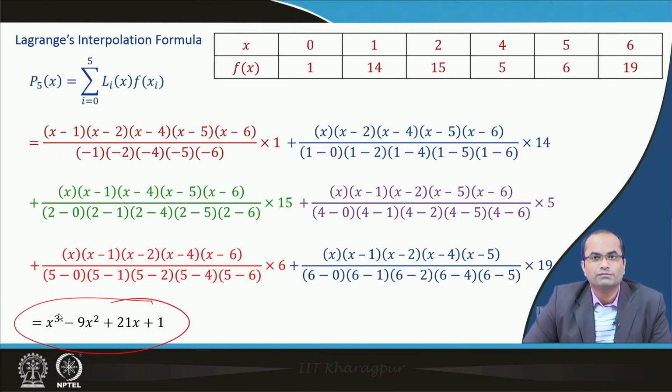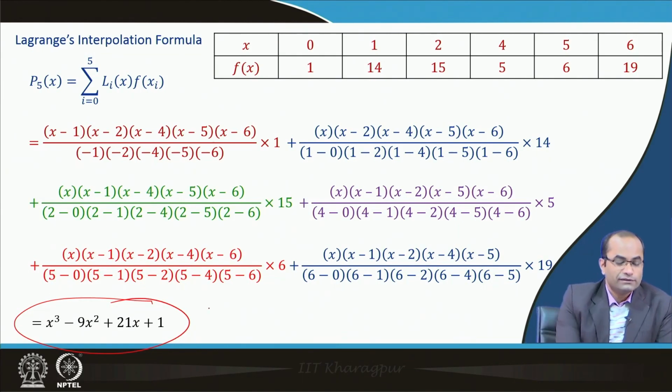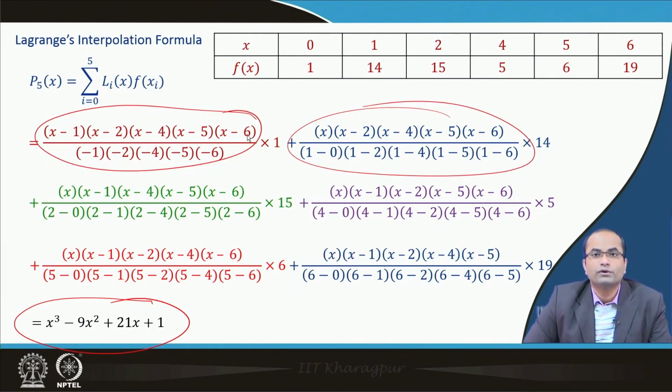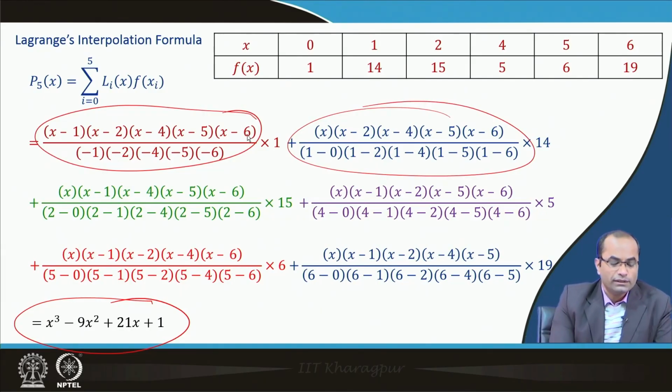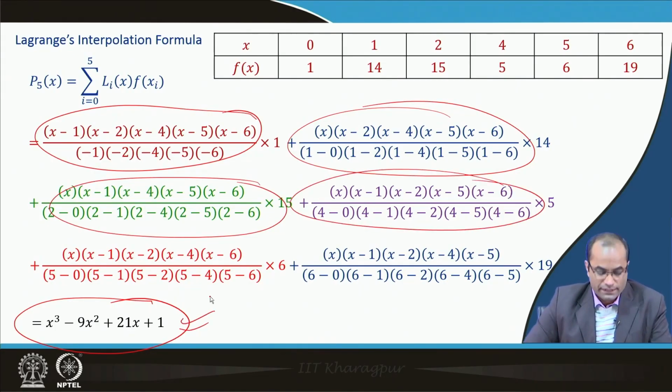But what is the difference between this finite difference, divided difference formula and this one, that here we have to do a lot of calculations, because each Lagrange polynomial is a 5th degree polynomial, and that has to be simplified to have this lower degree polynomial, which is the case here.